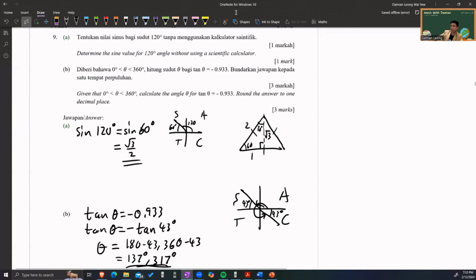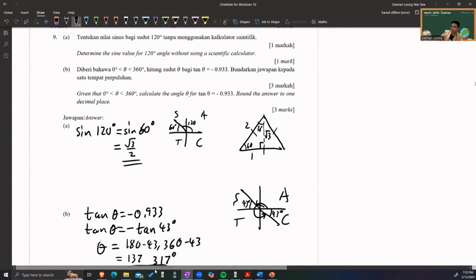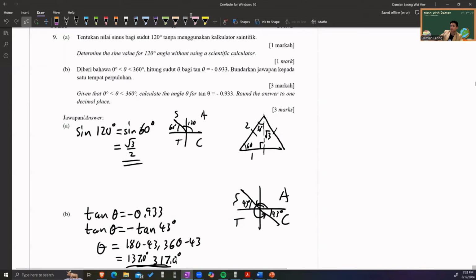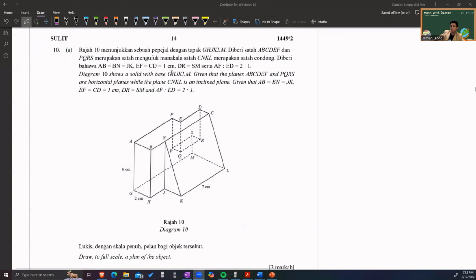Two possible answers. Yeah, they want it correct to one decimal place. So yeah, it's just 0.0. That is question 9. Question 10.